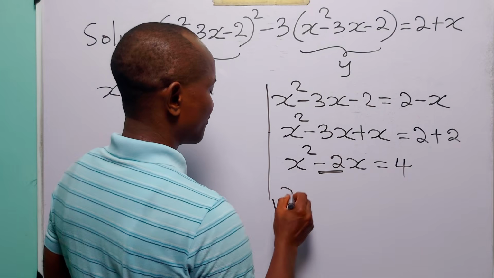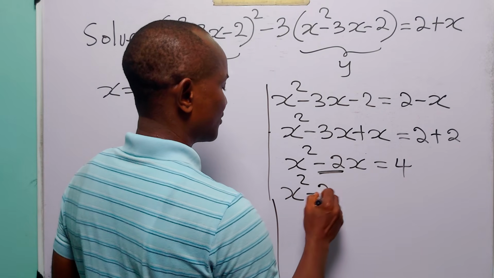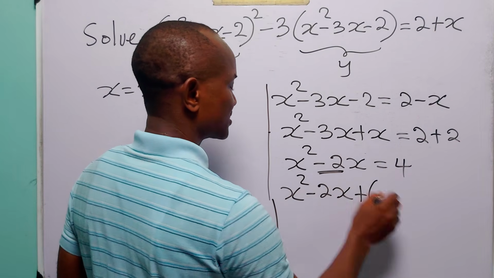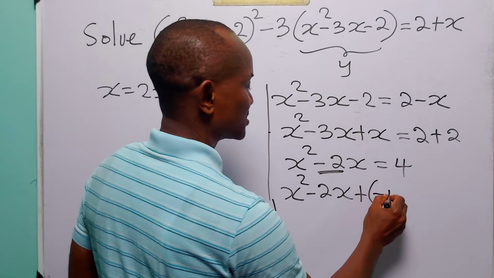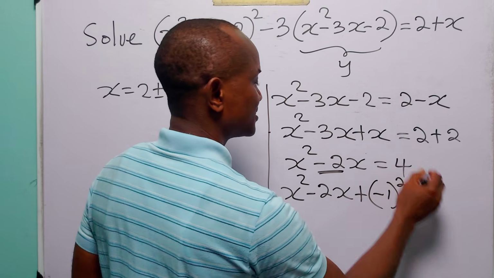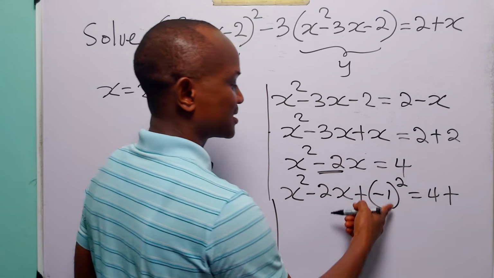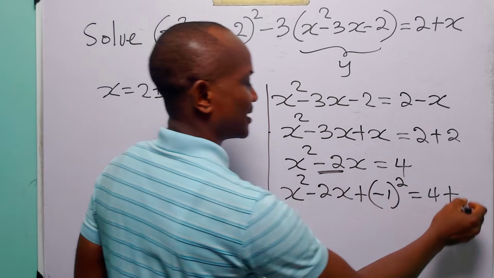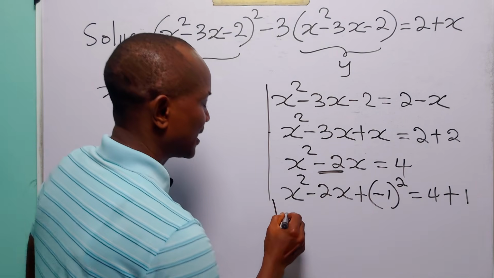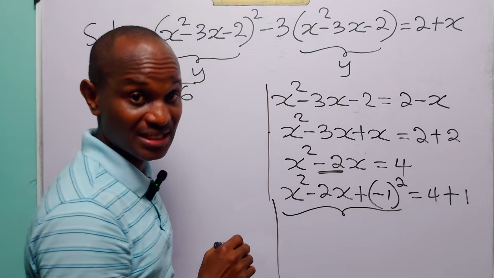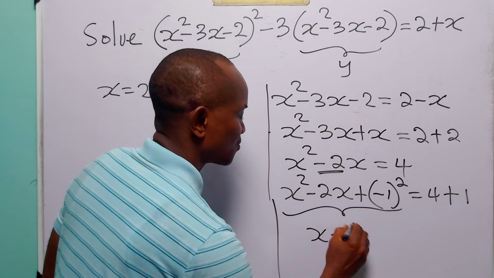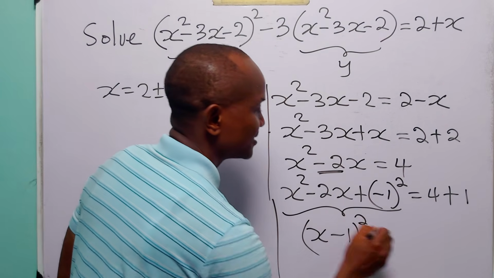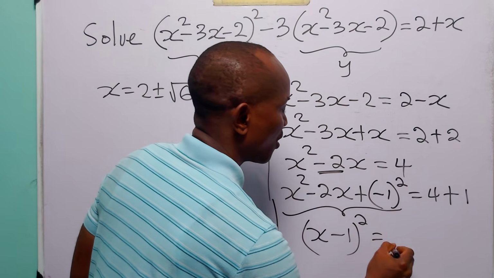When we do that, we have x squared minus 2x plus, now half of minus 2 is minus 1 squared. This is equal to 4 plus minus 1 squared is 1. Now this is a perfect square. So we take 1x and we take 1 minus 1 and we square, and this is equal to 4 plus 1, which is 5.